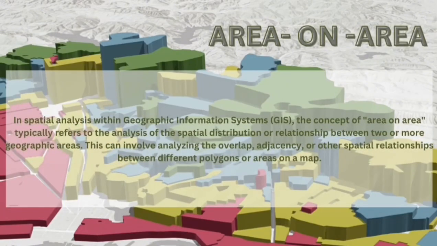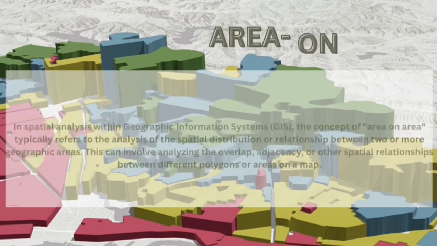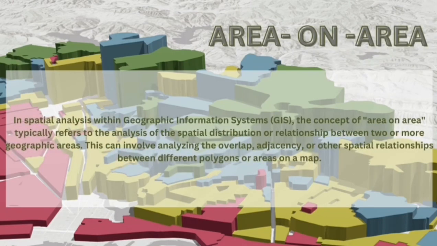In spatial analysis within GIS, the concept of area on area typically refers to the analysis of the spatial distribution or relationship between two or more geographic areas. This can involve analyzing the overlap, adjacency, or other spatial relationships between different polygons or areas on a map.